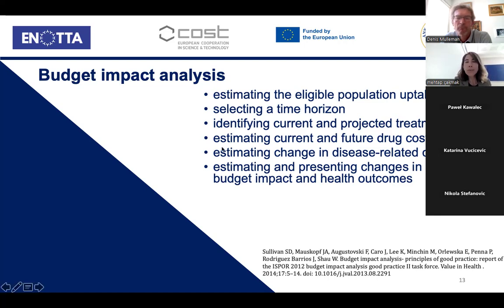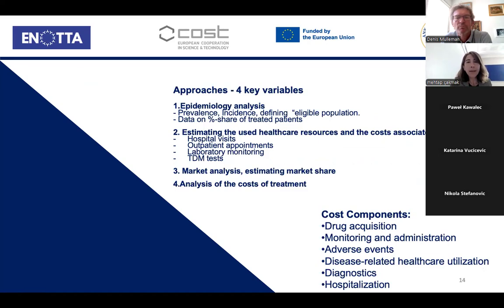And then we should estimate current and future drug costs and other disease-related costs like surgery, hospitalization, or every kind of cost, as I said. Productivity loss costs also can be included. And then we estimate and present changes in annual budget impact and health outcomes. These are the main steps of budget impact analysis.